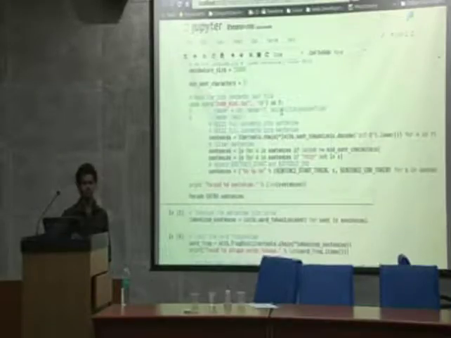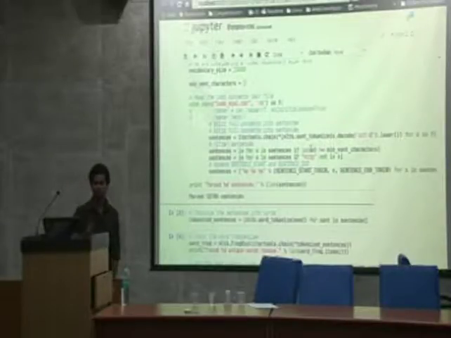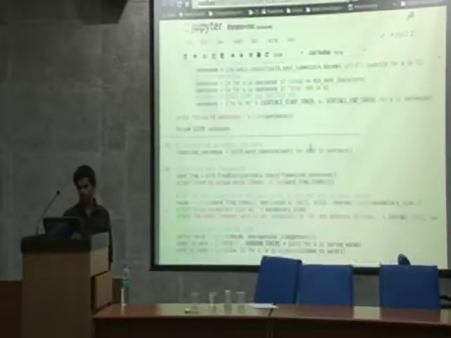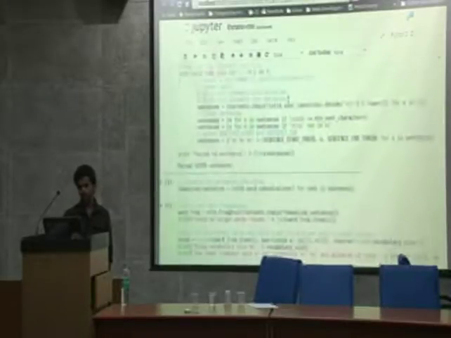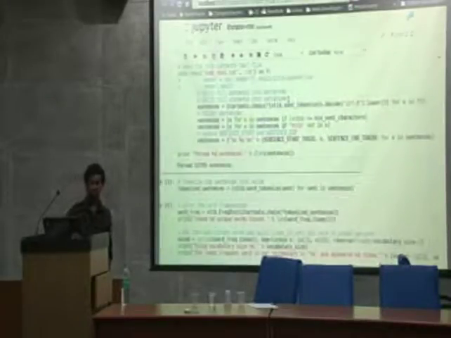So if it has a single word with 2 characters, then we won't consider it. Similarly, we'll only consider the sentences which do not have STDP in them. And finally, we will add a sentence start token and a sentence end token in that sentence.